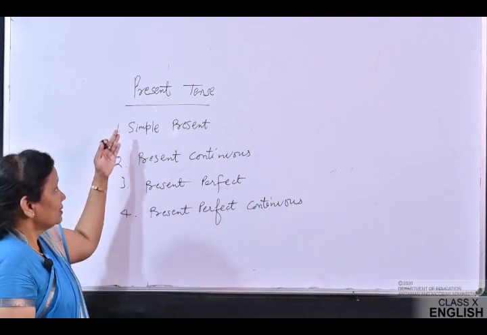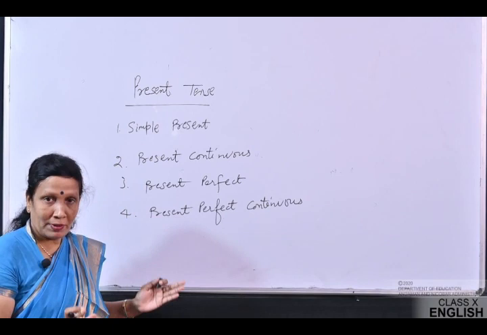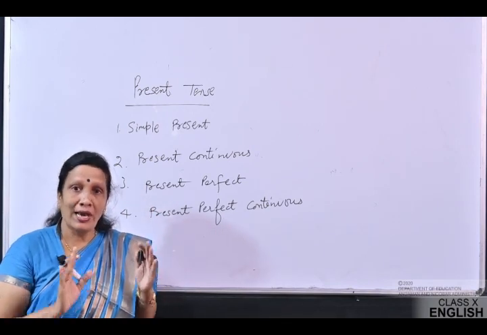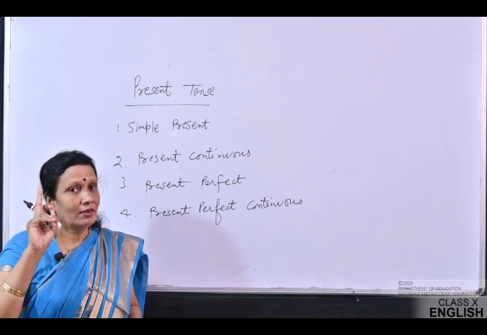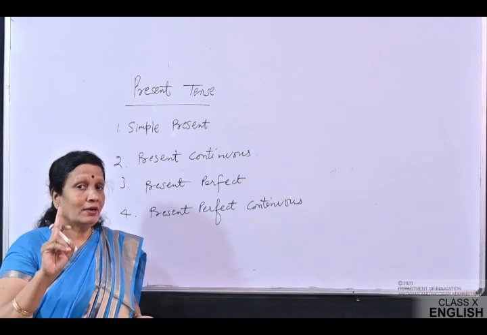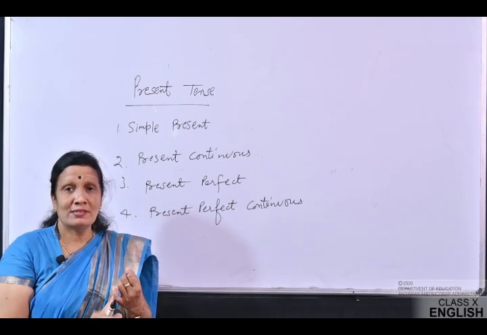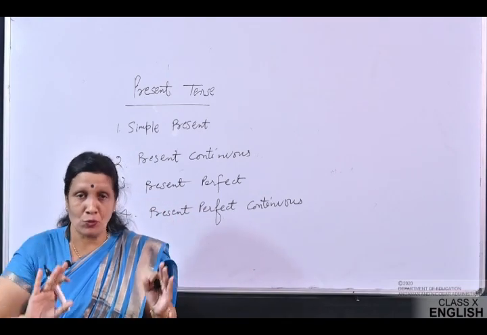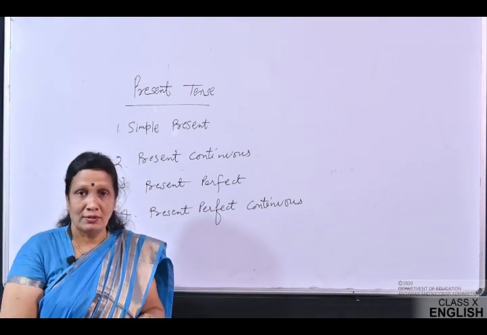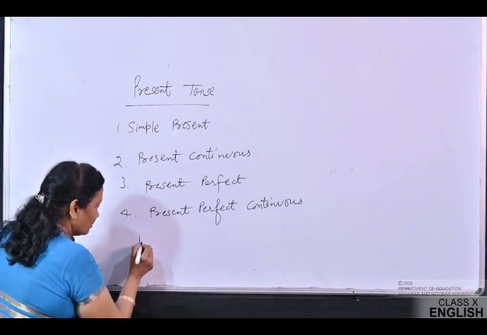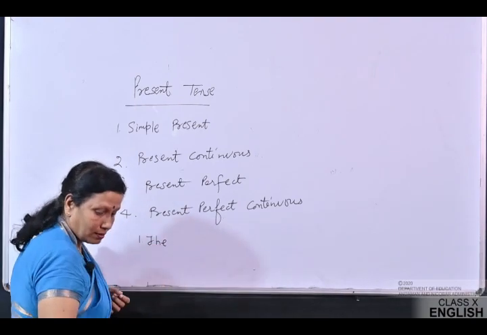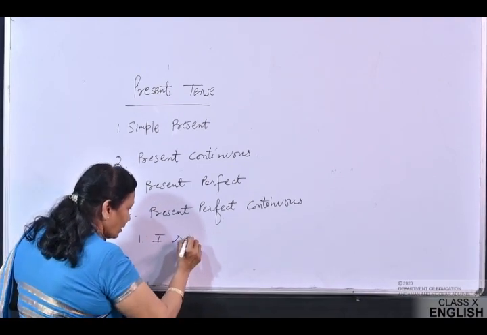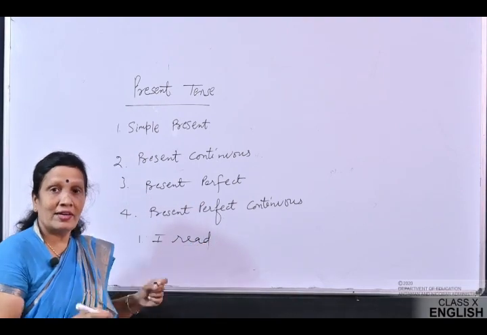Okay, simple present, we use the simple present tense for actions which we do now, today, right? For that, and then also for actions or the work which are universally true, universal truth. Okay, for example, I told you I read, that means I read now.